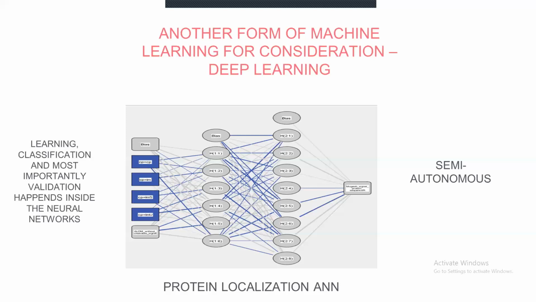So that's why we say that it's semi-autonomous. There are also other types of machine learning, like reinforcement learning, that are autonomous. So this feature of being semi-autonomous is very important because it makes less mistakes.